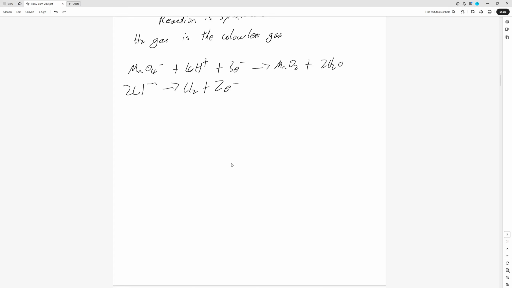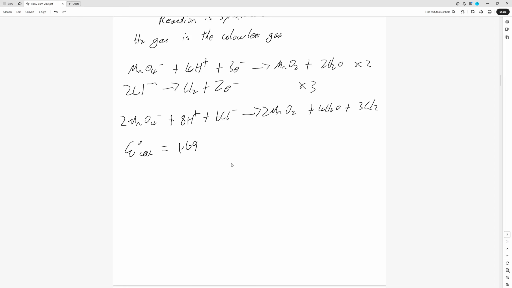So then we need to make the one balanced final equation. So again, this is going to be times 2, and it's going to be times 3 to balance out the electrons. So balanced equation is this. And the E cell is going to be your reduction.